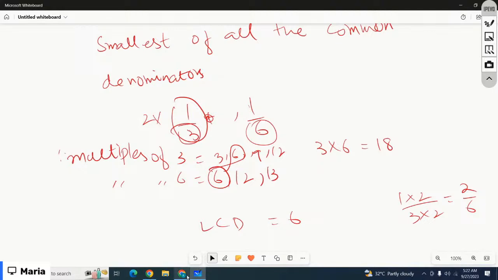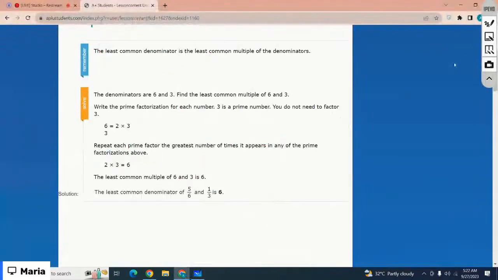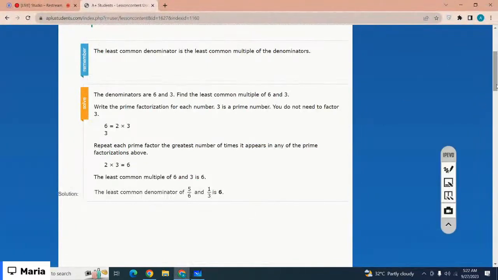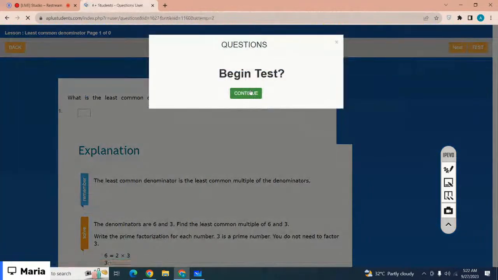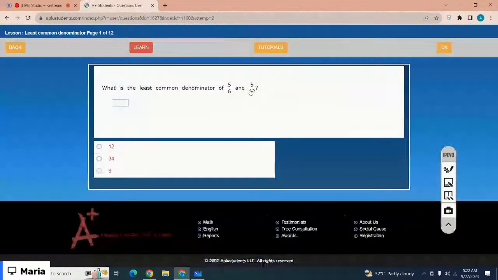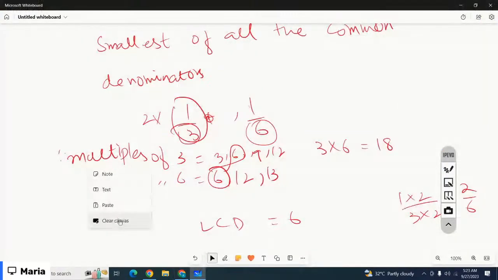Let's start with the practice questions. What is the least common denominator of 5 by 6 and 5 by 12? You have 6 and 12.